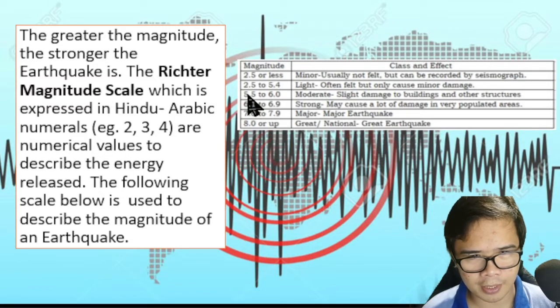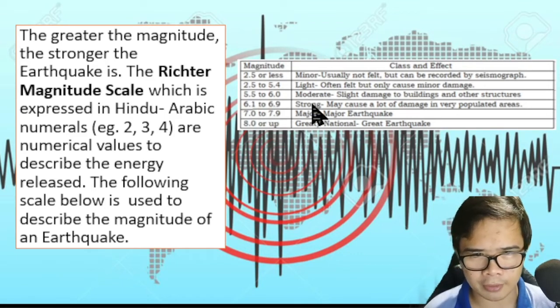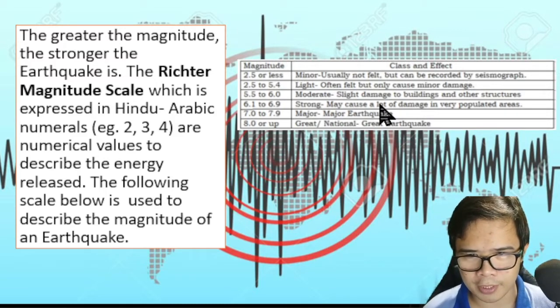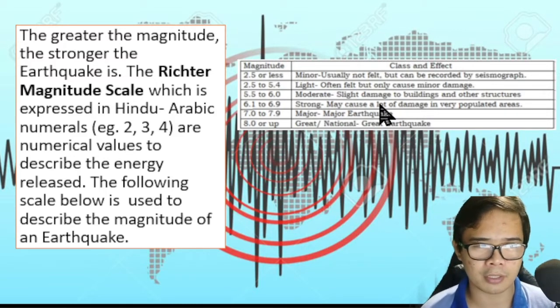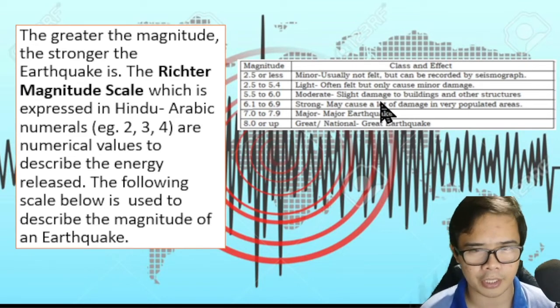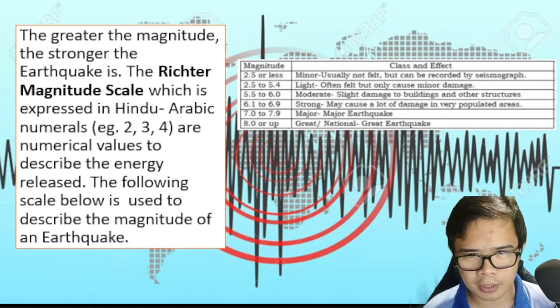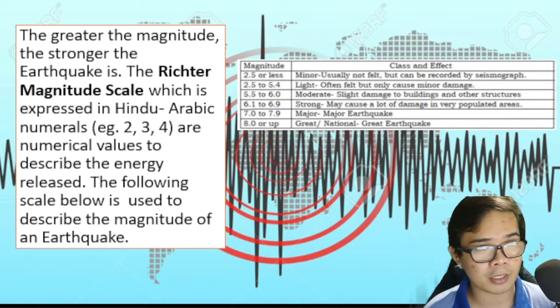Pag nag-increase na tayo with 5.5 to 6.0, meron tayong tinatawag na moderate magnitude. Ito yung slight damage to buildings and other structures. So, meron dito na slight damage sa mga buildings.